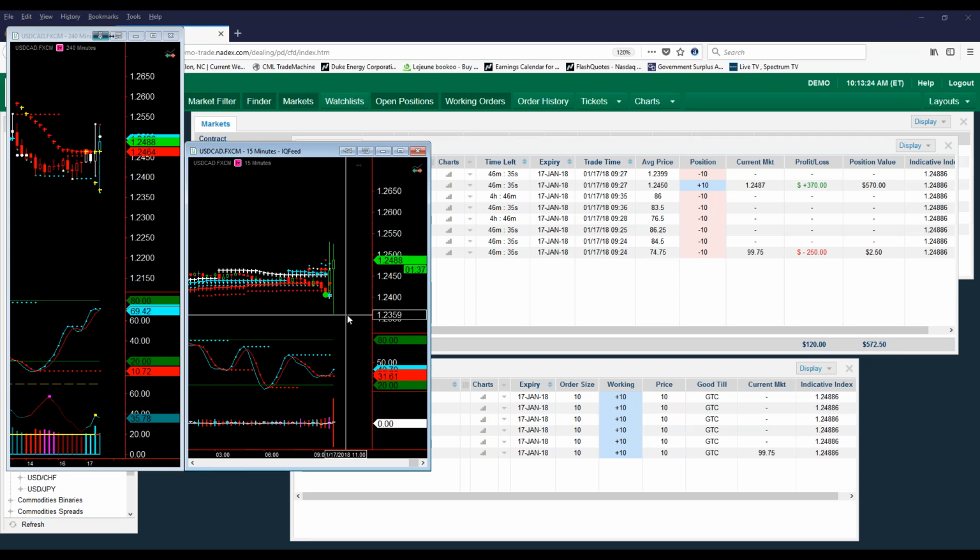I mean, it went down to 2359 and then back up to 2326 within one bar. And this isn't something you walk away from. You do keep up with it.